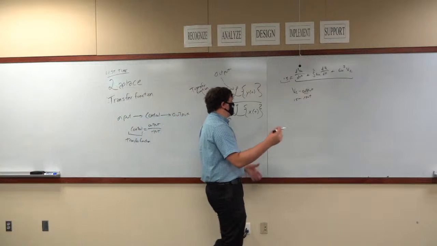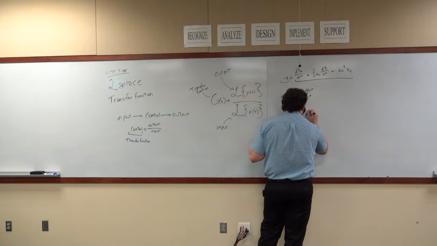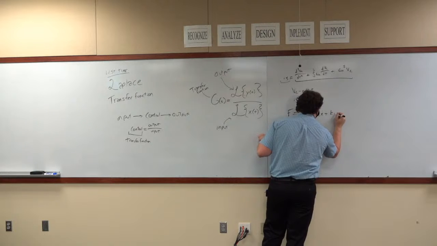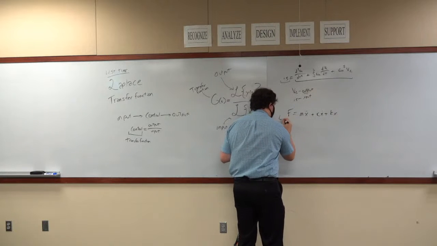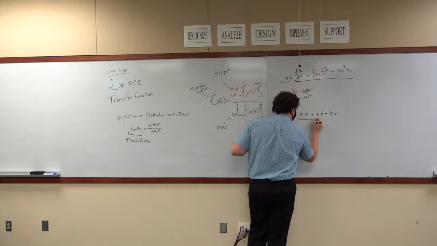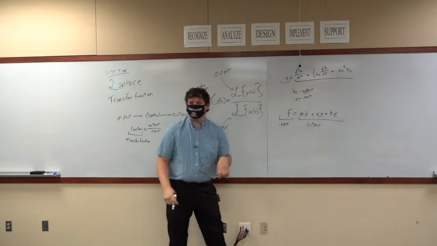Okay, so if we're dealing with a system where F is equal to m x double dot plus c x dot plus k x, this is the input. This is the output, because every one of these has an x in it, where x is the output here.